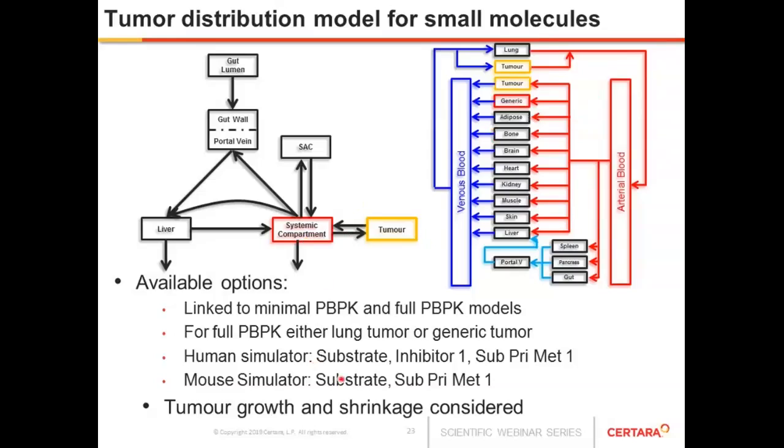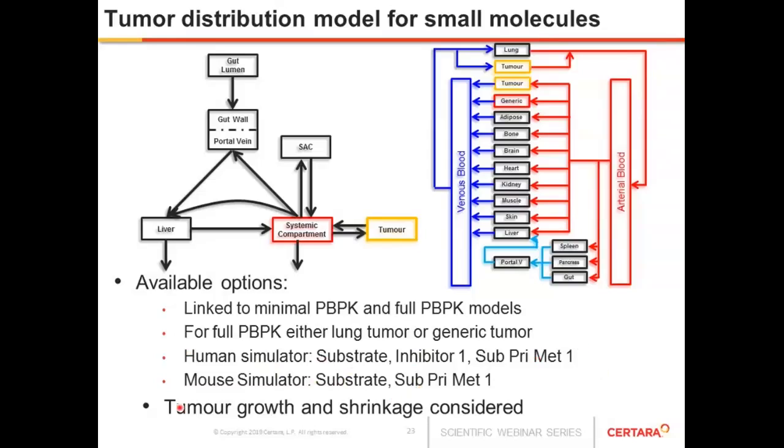Something to point out is this is available in the human simulator in terms of substrates and an inhibitor, as well as the substrate primary metabolite. In terms of animal simulators, we have this available as well within the mouse simulator as substrate and primary metabolite, but because there aren't any interactions which are able to be simulated in the mouse, there's no extra option for inhibitor.